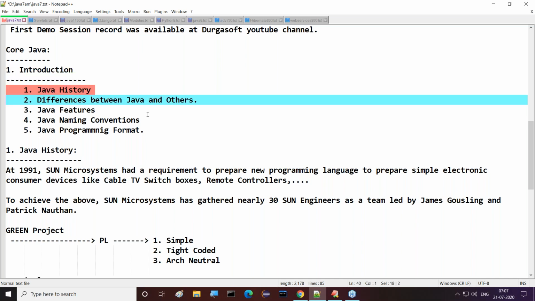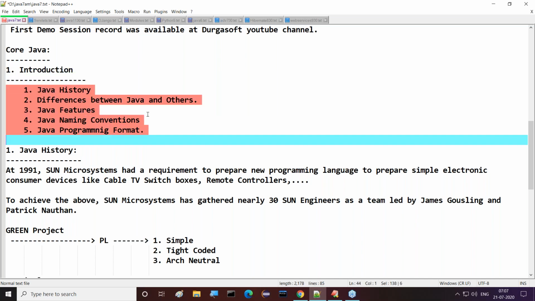Which topics am I going to cover inside this introduction? Java history, differences between Java and others, Java features, Java naming conventions, and Java programming format. These are the five topics we have in the introduction part.